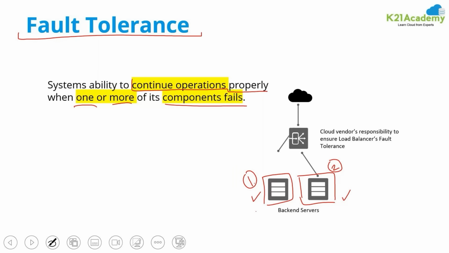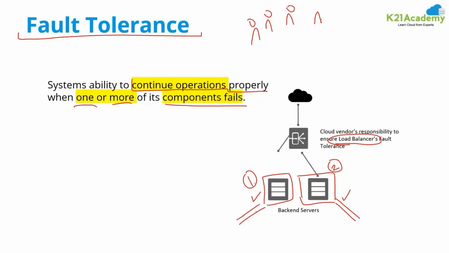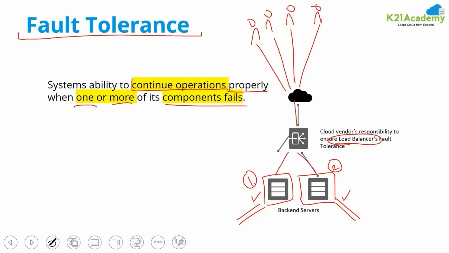Whether you come to this server or that server, your experience will be the same, your data will be the same. Then you can deploy a load balancer in between. Whatever users are trying to access the service will land on the load balancer, and the load balancer will distribute the traffic between the two servers, maybe in round robin fashion.